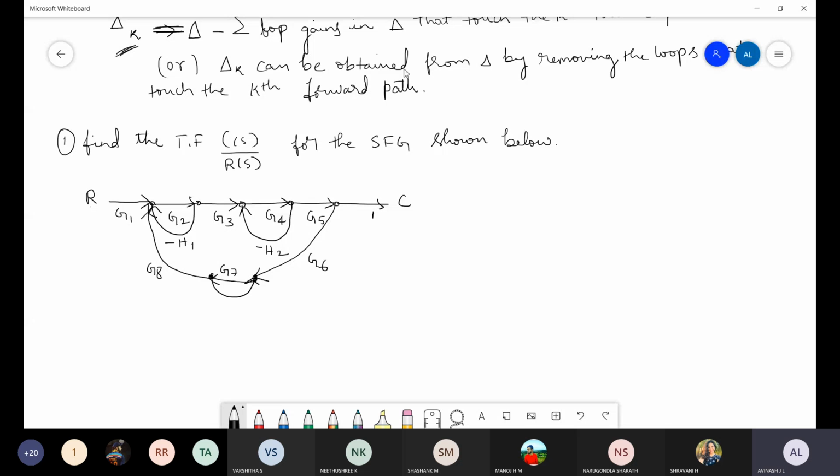And here it is minus H3, in the forward direction, but G7 is in the reverse direction, from right to left.